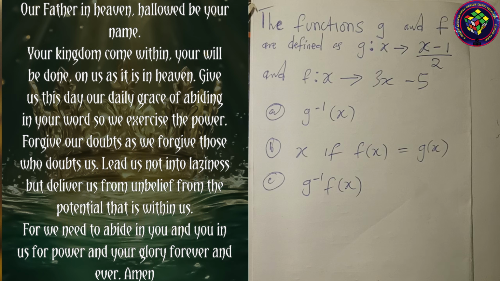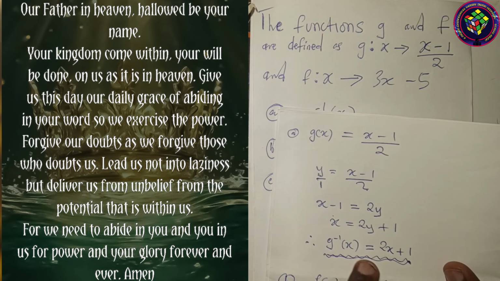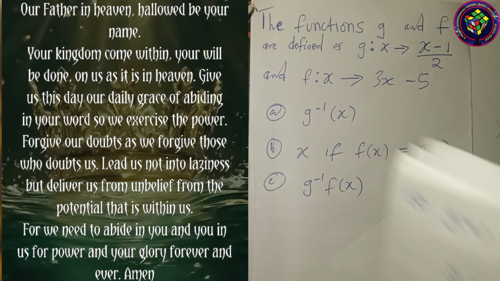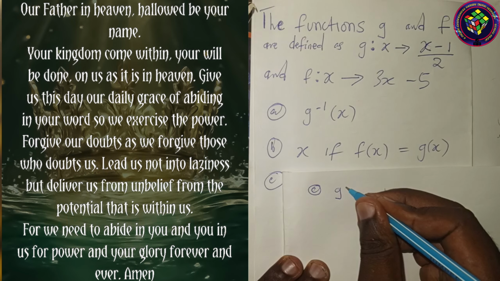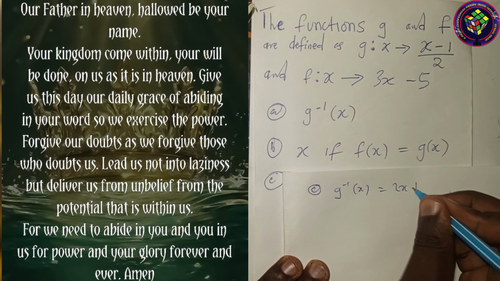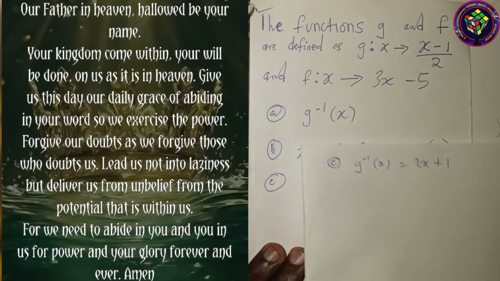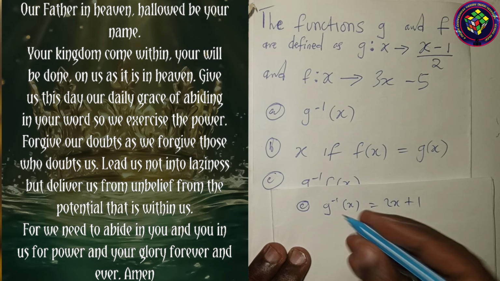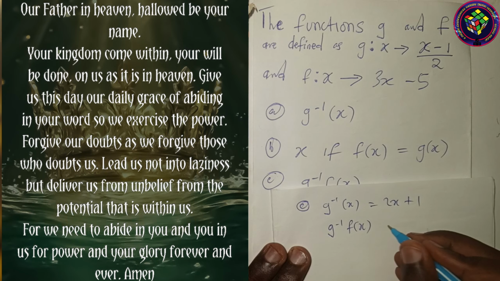Okay, so this one we calculated in A. So g inverse of x, we got 2x plus 1. So we'll say our g inverse of x is equal to 2x plus 1. Okay, now we want to find g inverse of f of x.